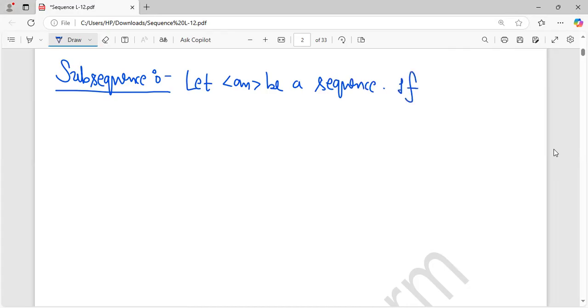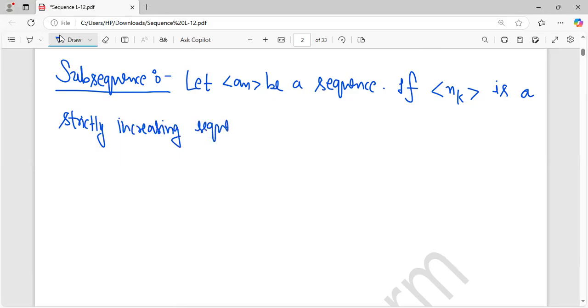If n_k is a strictly increasing sequence of natural numbers.